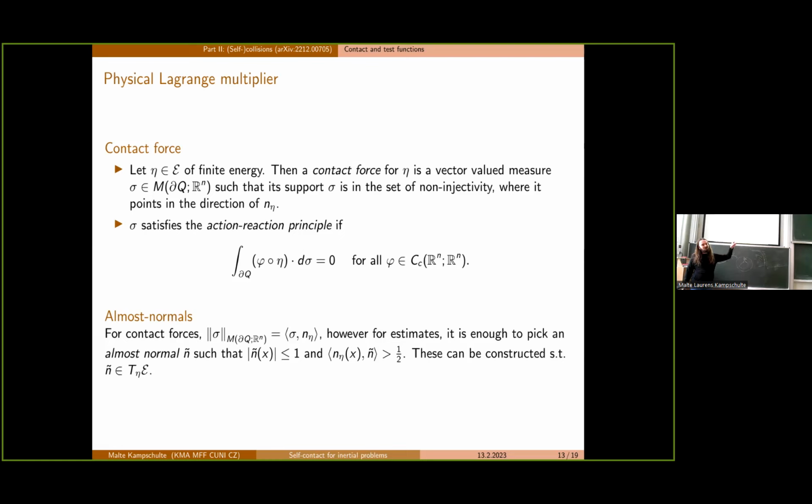But the normal is of order of the first derivative, so it lost an order. So you cannot test with the normal. But it turns out to do this estimate, you only need what we like to call an almost normal. I don't know if it's already been used somewhere else, but you can always find a smooth function easily that just points roughly in the direction of the normal. And for all estimates on this contact force, this is enough.